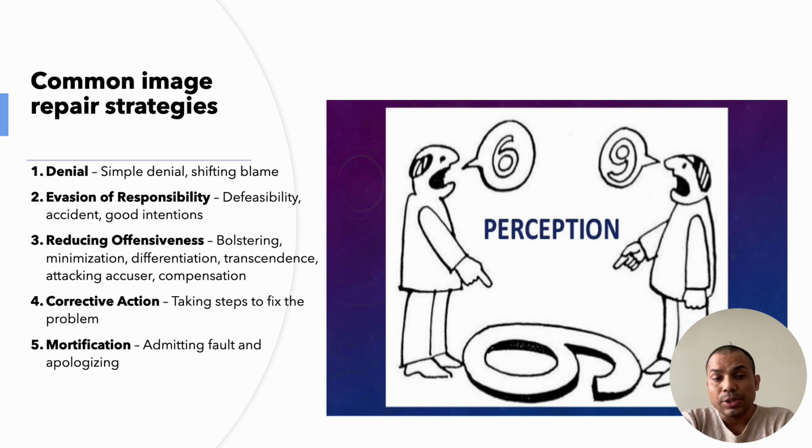And the third one is reducing offensiveness. If you approach the crisis situation offensively, it will create more conflict, right? So what could be the best option? The best option is minimizing the differentiation between different stakeholders, right? Then you will maybe provide some compensation to whoever is attacking you.